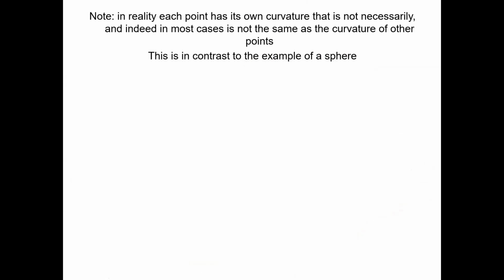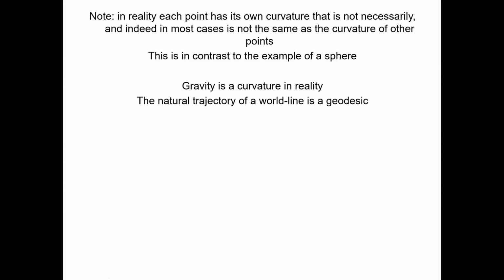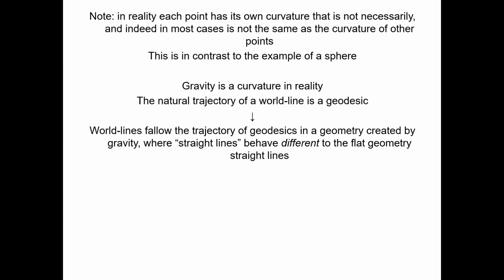Okay, let's have a small summary. We said gravity is a curvature in reality. The natural trajectory of a world line is a geodesic. And by combining these two statements, we get that world lines follow the trajectory of geodesics in a geometry created by gravity.